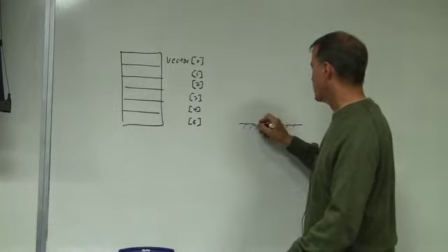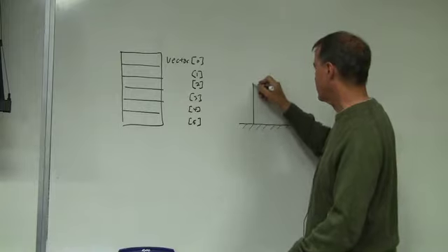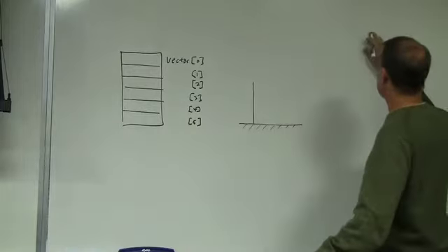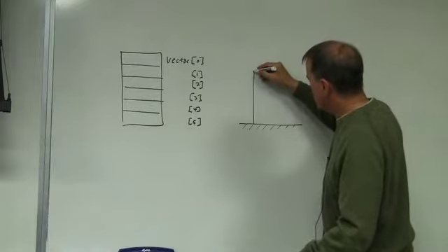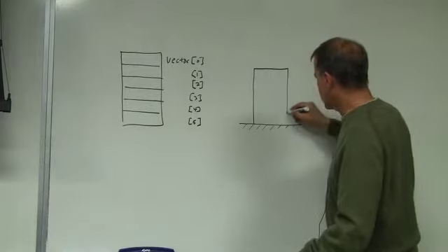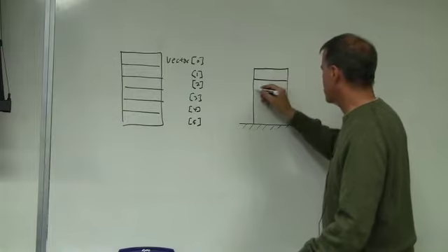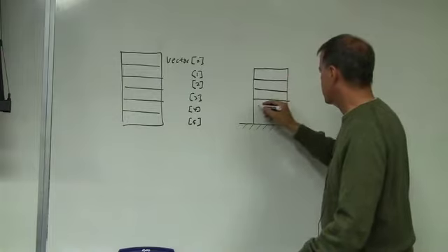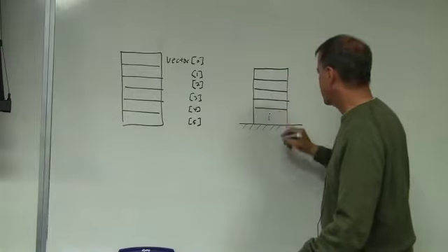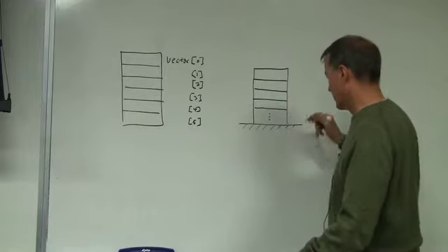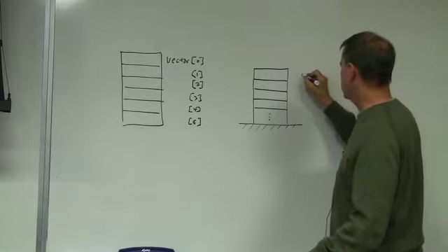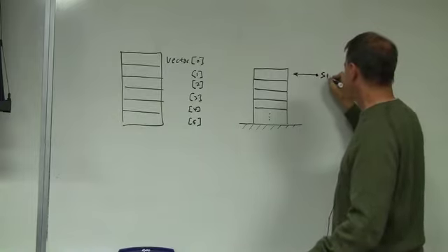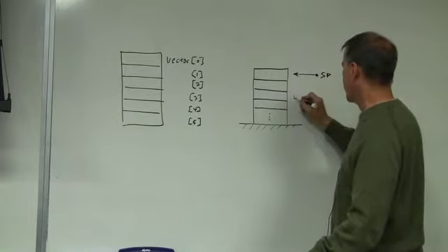And then suppose that up here we have something like the runtime stack, and we have a bunch of things here on the runtime stack, and let's suppose that the stack pointer is here. Okay, and here is vector.